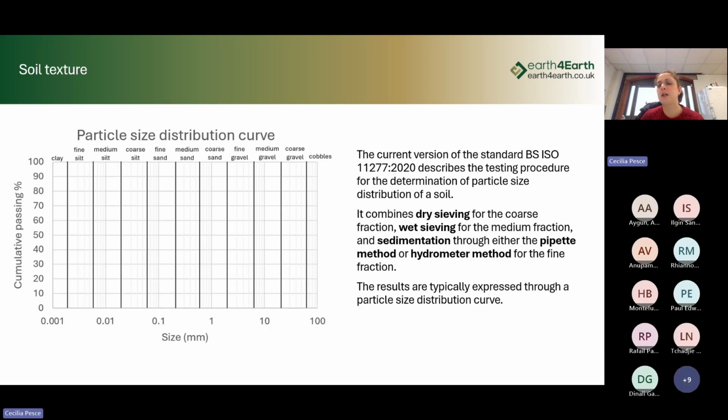And for the silt and clay fraction, we use the sedimentation test, which can be carried out either through the pipette method or through the hydrometer method. Usually the pipette method is more accurate, but it might be more difficult, while the hydrometer method is a bit easier and quicker to do, but it can be less accurate.